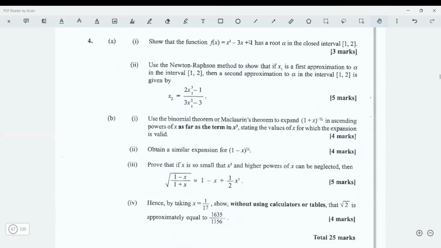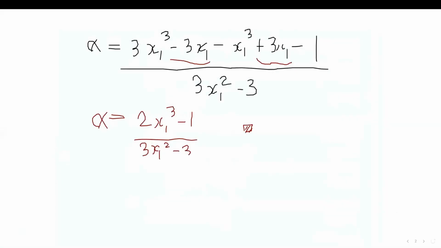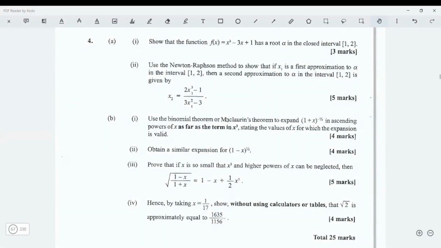So let's do this now. We have 1 plus x to the minus half. Let's write down the binomial theorem.